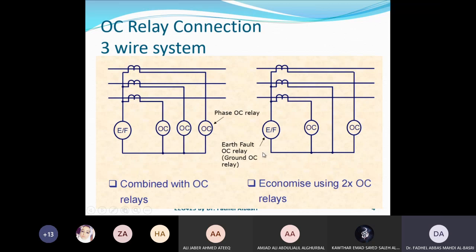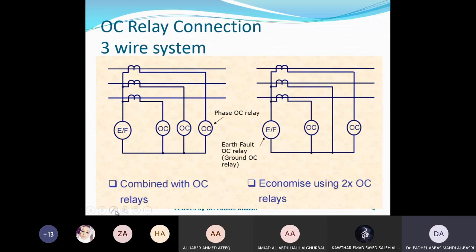At that time, in electromechanical relays, to save money, they could eliminate one of these overcurrent relays. And by these relays, we can also detect faults in the 3 phases.